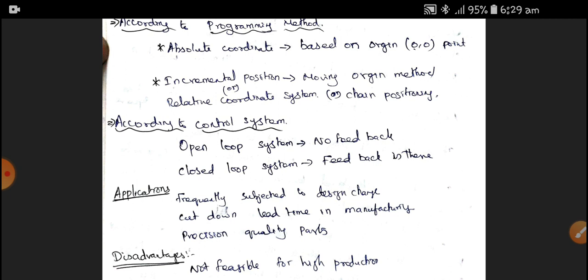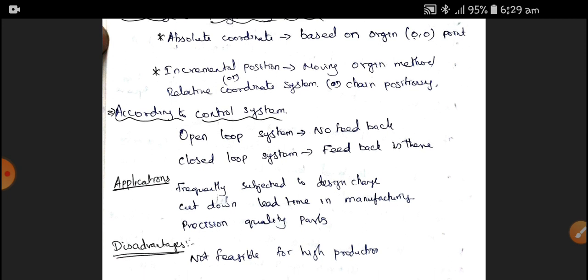The applications of NC machines: they are frequently used where the design is subject to change. Compared to conventional machines, if you take a capstan or turret lathe, which is a simple multiple operation conventional machine tool, if we want to change some design, we can't do it immediately.